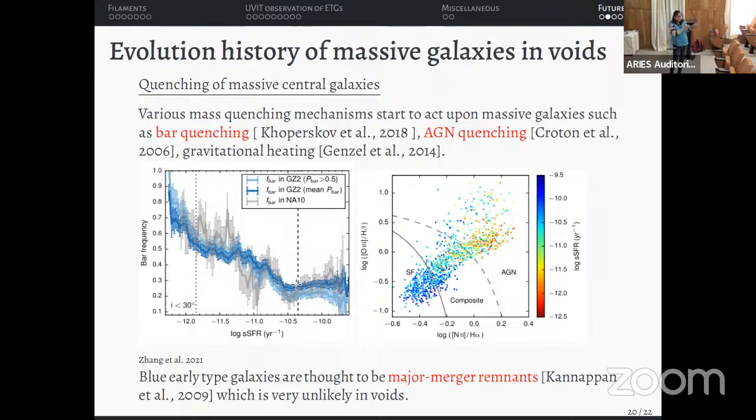TNG 50 has fewer halos but more resolution. That means the galaxy sample will be low, but the resolution is high. TNG 100 is intermediate. TNG 300 is a box of 300 megaparsecs. It's a cube, and then you have your halos. It's a hydrodynamical simulation.